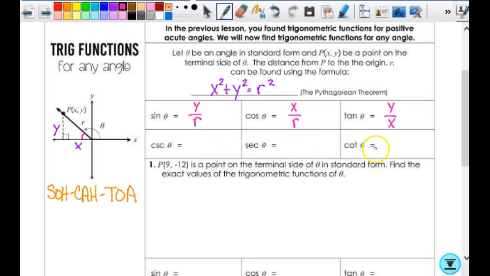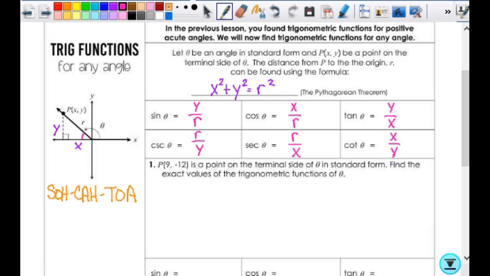These next three are just the reciprocals. So cosecant is the reciprocal of sine, r over y. Secant is the reciprocal of cosine, which is r over x. And cotangent is the reciprocal of tangent, which is just x over y.